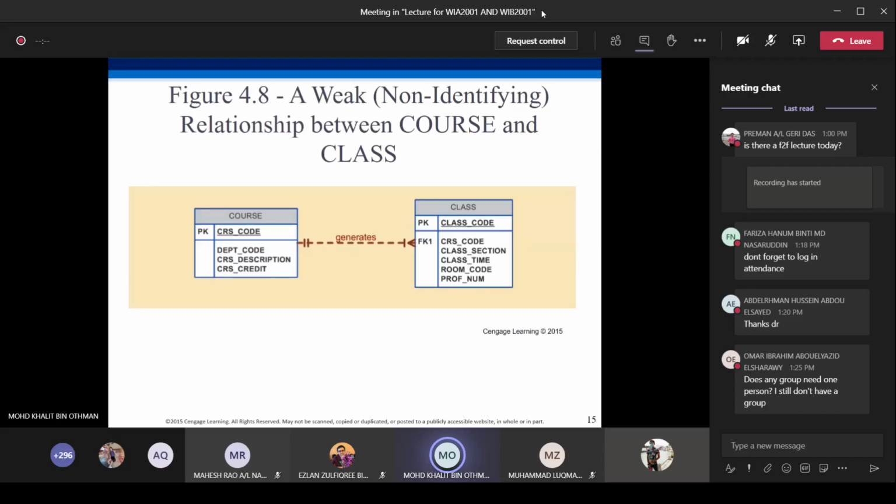Here, the course entity is the parent entity. So this diagram is an example of a weak relationship between entity course and entity class.